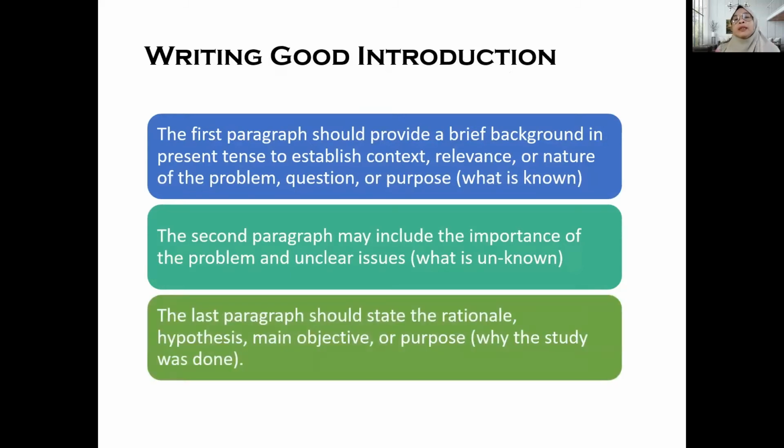Then finally, the last paragraph should state the rationale, hypothesis, objective, purpose, why the study was done. So this is 3 paragraphs. It is good if you can have 3 paragraphs in your introduction with all these points. But you may have more, but don't write too long an introduction.